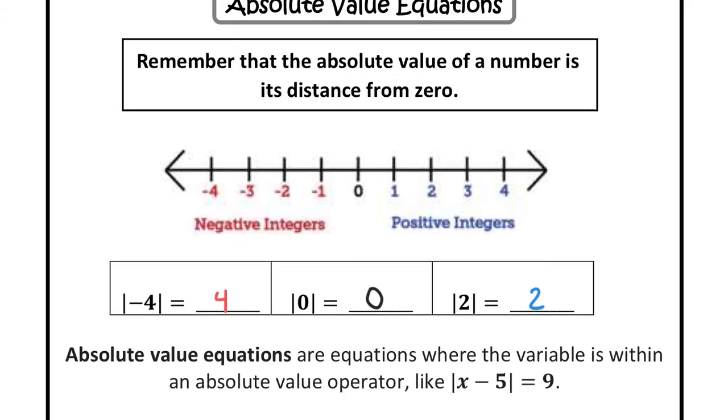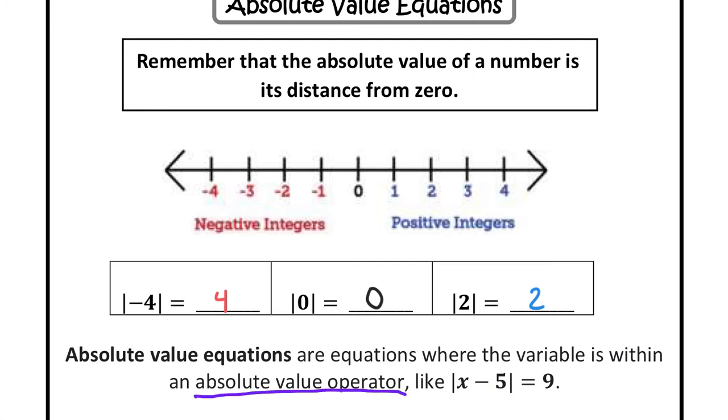Okay, so we have absolute value equations, which are equations where the variable is within an absolute value operator, like the following. So you have an equation, but when you add these vertical bars, this is called an absolute value operator.